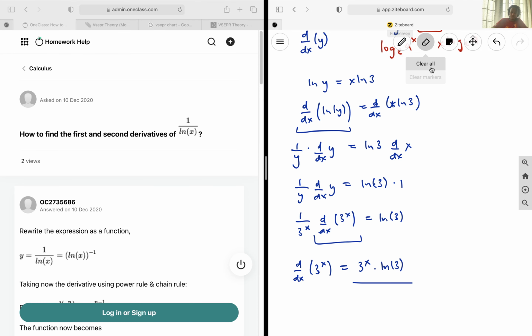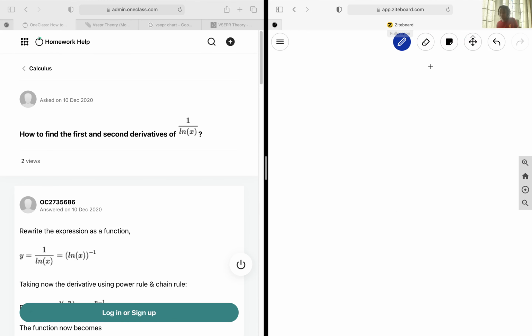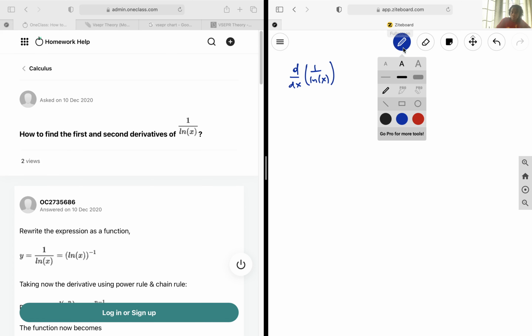Okay, next up we want to find the first and second derivatives of 1 over ln x. So to find the first derivative, we are going to set u as ln x. So du over dx is going to be equal to 1 over x.